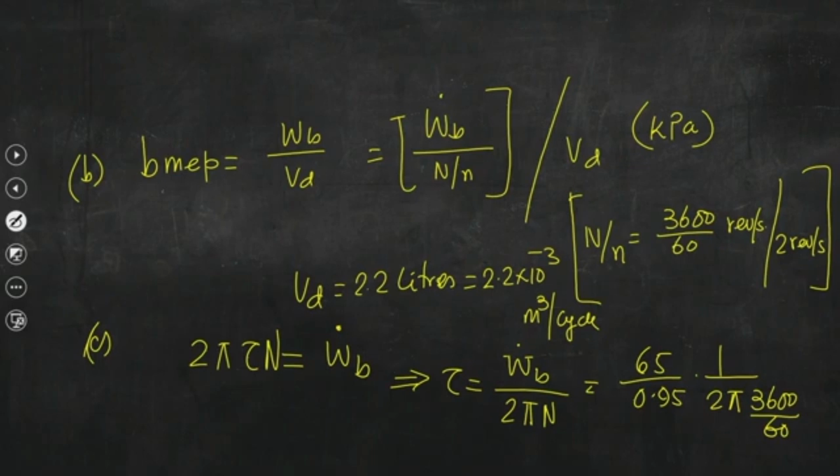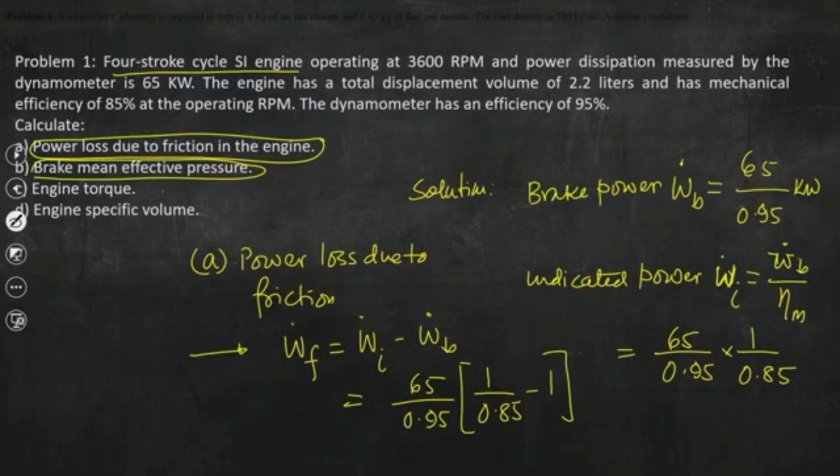Okay. And finally, we need to calculate the engine specific volume. Engine torque is also done, so we are left with engine specific volume. Now, if we go back to the previous slide, D, engine specific volume.